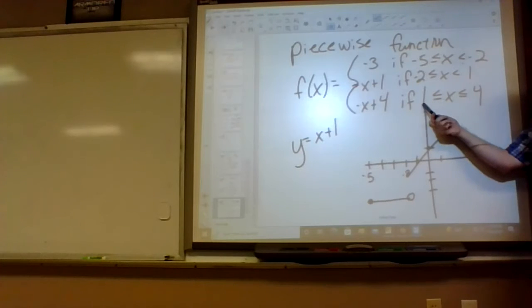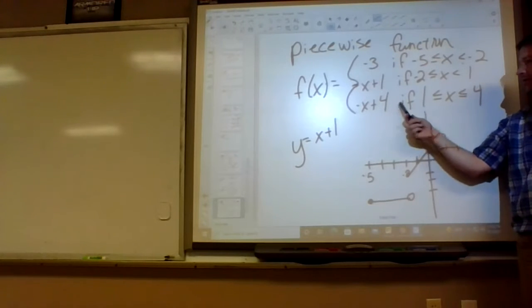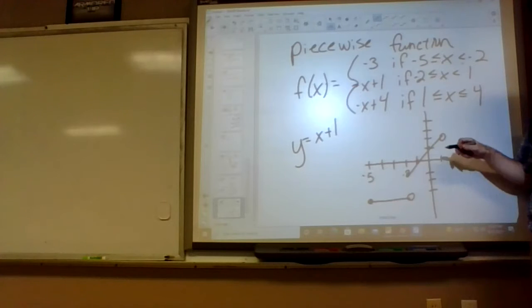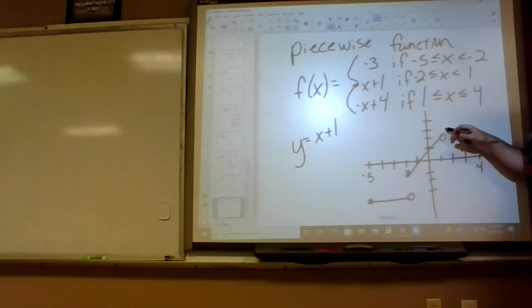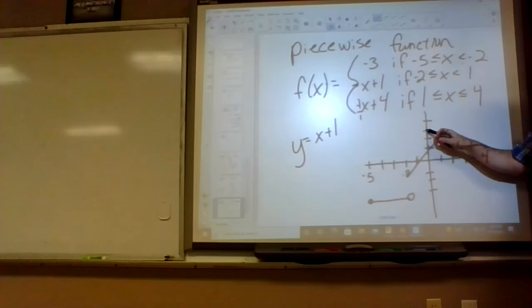Then on the last one, kind of the same thing, from 1 to 4, it's going to be -x plus 4. So you go up 4 for the y-intercept, but I'm not going to draw back there. And then down 1 and over 1 for the slope. So down 1, over 1, down 1, over 1.